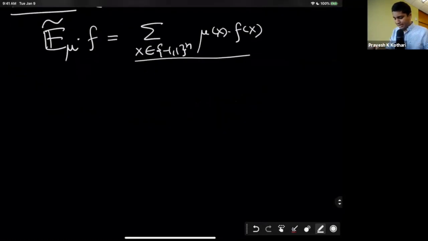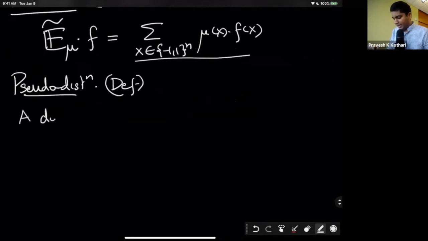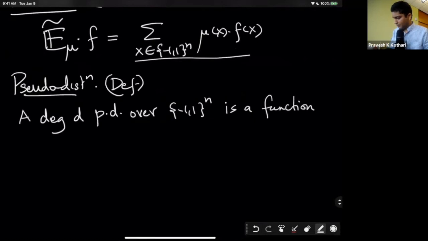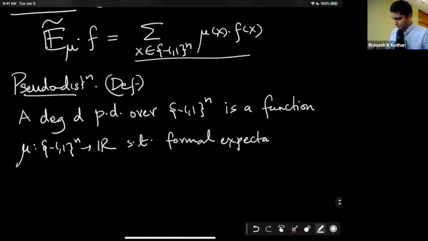Very good. And so here is the definition. A degree d pseudo distribution over plus minus 1 to the n is simply a function mu, not necessarily non-negative, such that the formal expectation operator defined above satisfies the following properties.